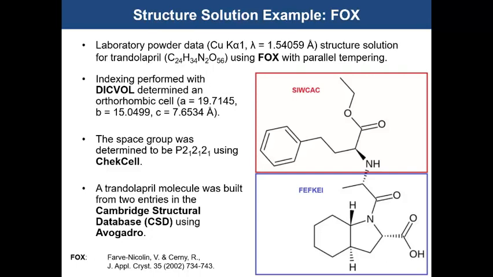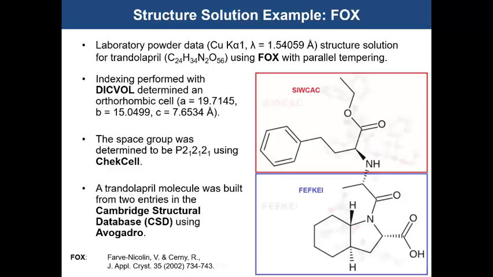I couldn't find an example of this crystal structure, or of a crystal structure with a trandolapril molecule in it. So I actually had to build the molecule. In order to do this, I searched the Cambridge Structural Database for molecules that described half of the trandolapril molecule. So I basically searched for this geometry separately and searched for this geometry separately.